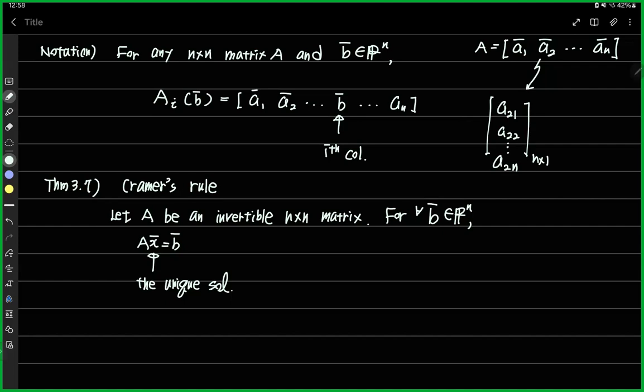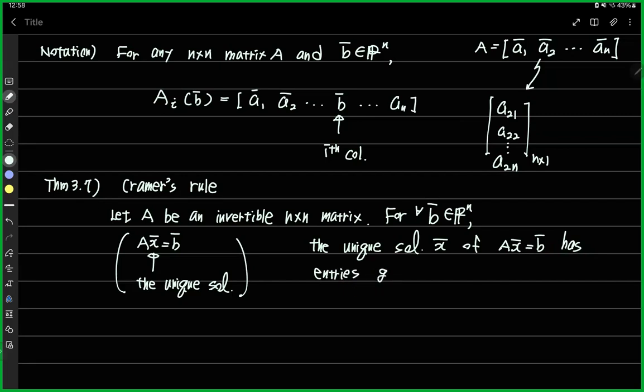So this is the side story. From here, the unique solution x bar of Ax = b has entries given by x_i equals the determinant of A_i(b) divided by the determinant of A, for i going from 1 through n. What does that mean?